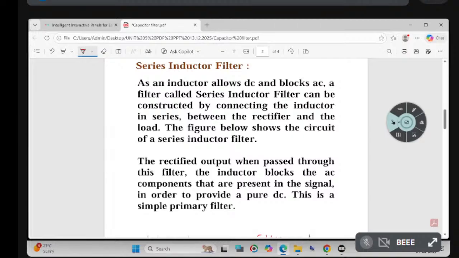Only two things we have to remember. Inductor blocks AC, allows DC. Capacitor allows AC, blocks DC from the pulsating DC supply or DC power.